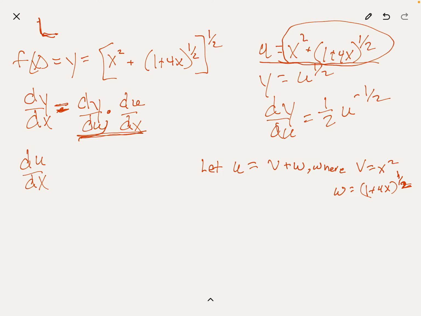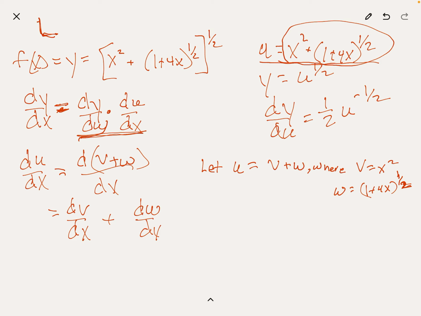So du/dx is the same as dv/dx plus dw/dx. That's easy. And that means we're looking for dv/dx and dw/dx, and we're going to add those two together.